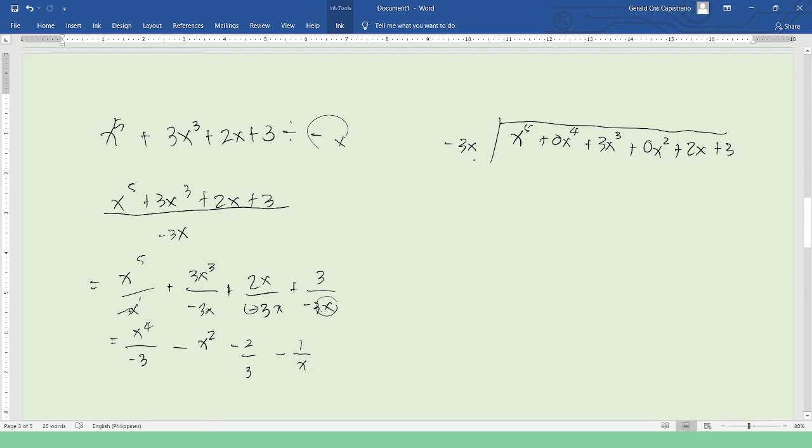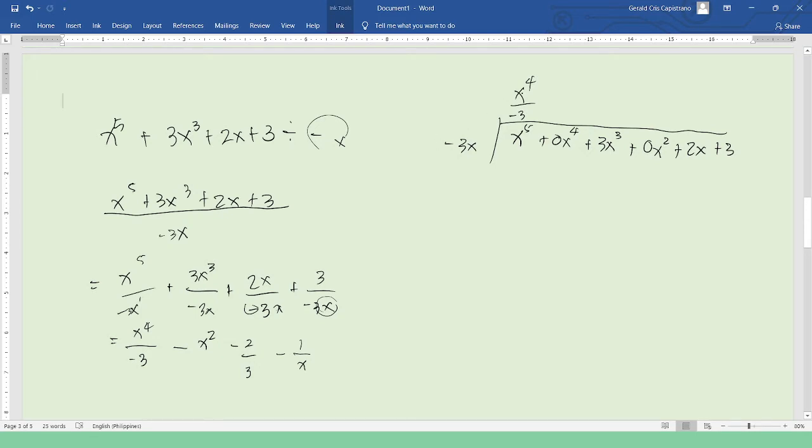So, para gawin yon, kailangan nating magkaroon ng number wherein dapat yun ay x raised to 5. So, ang gagawin lang natin dyan, magkakaroon tayo dyan ng x raised to 4 divided by 3. Okay? Actually, negative 3. Okay, bakit negative 3?